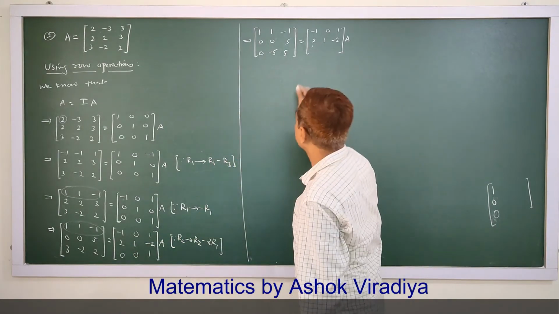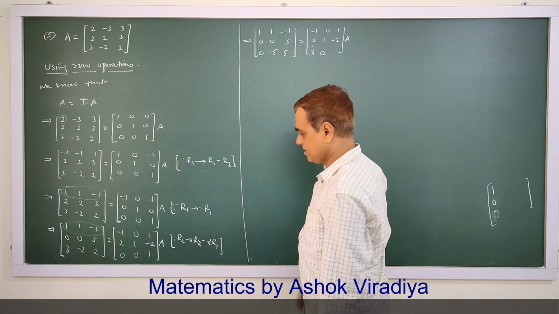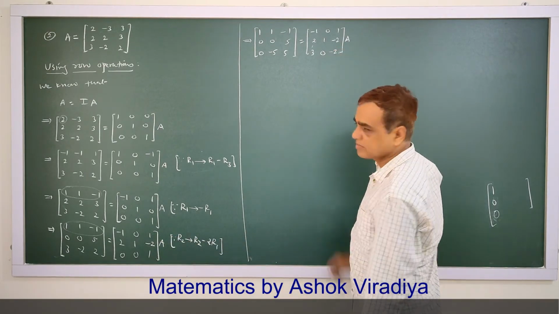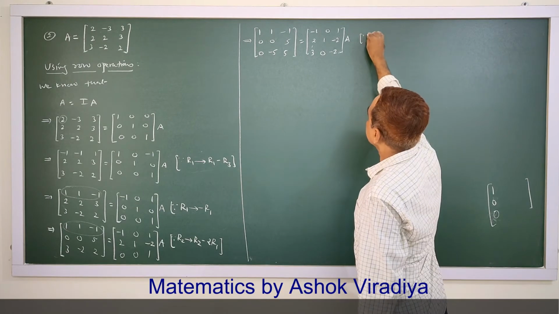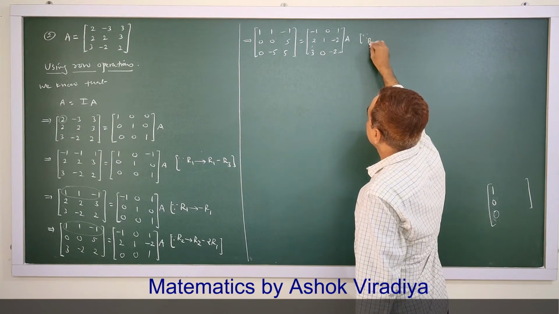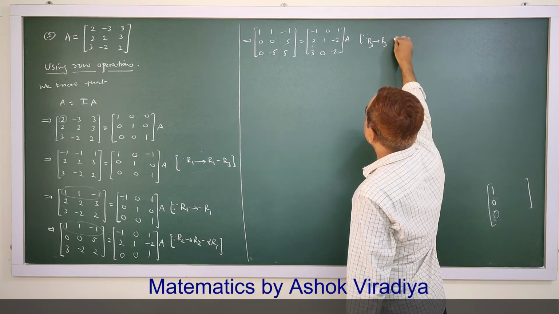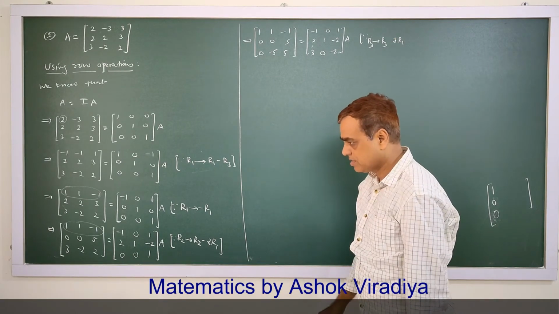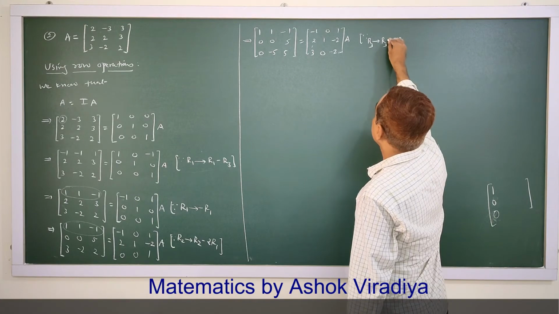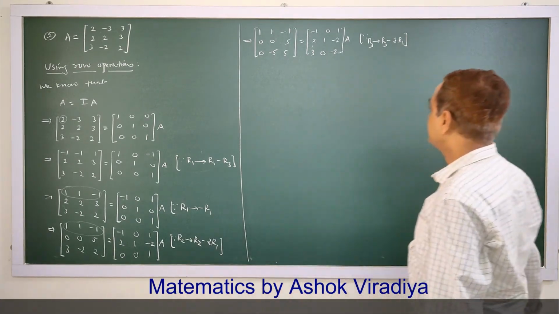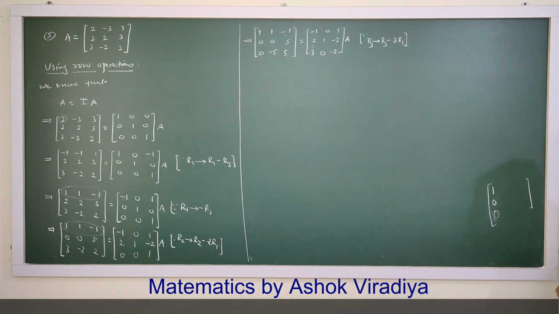Subtract here, so plus 3. Here no effect. Multiply by 3, subtract here, so minus 2. So what is done? The change is in the third row. In the third row, the first row is multiplied by 3 and subtracted from the third row. So this is done, and this 0 is okay.